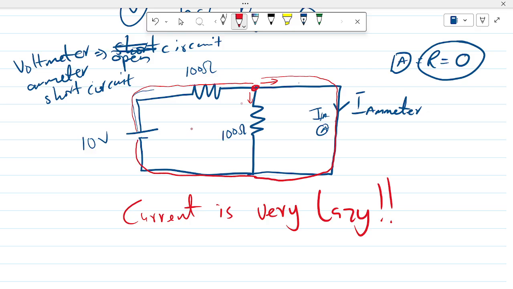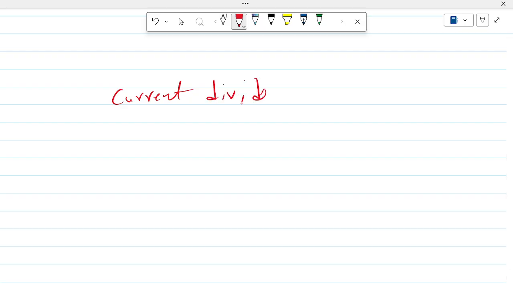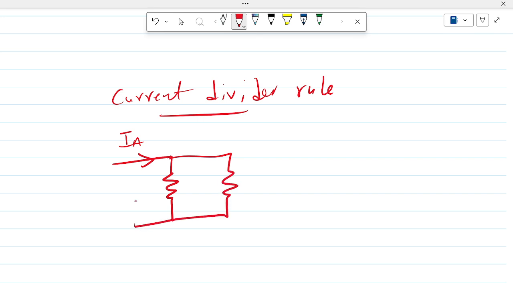If you are familiar with the current divider rule, you could do that too. Instead of sharing proportionally, let me quickly do that. Assuming you have current coming in, and it's supposed to share between two branches, R1, R2.